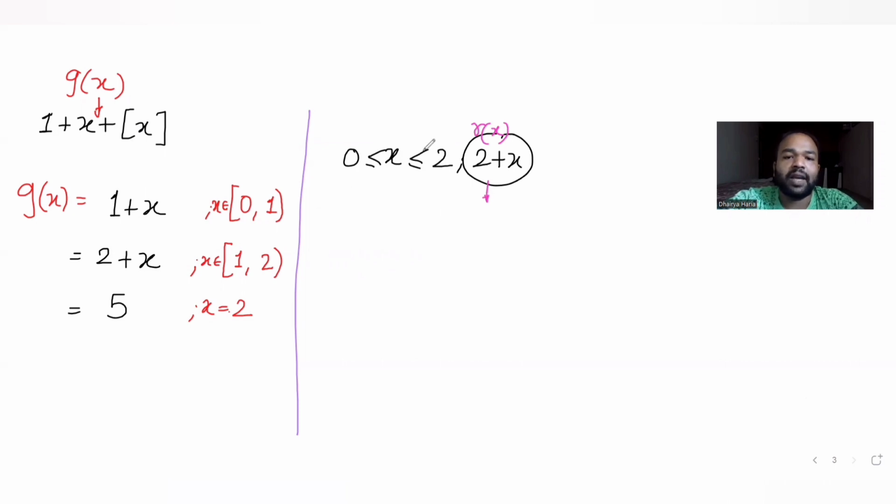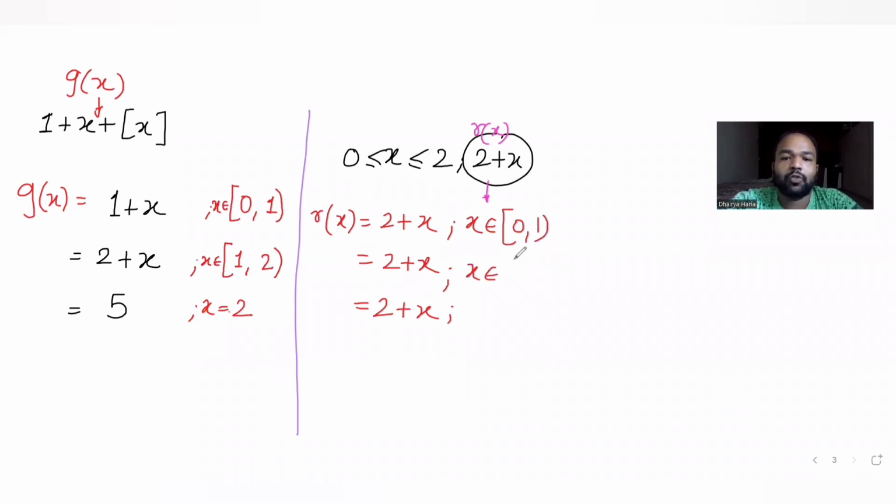So r of x is equal to 2 plus x for all the intervals where x belongs to 0 till less than 1, where x belongs to 1 till less than 2, and when x equals 2, I get 2 plus x turning out to become 2 plus 2. So we get this idea.